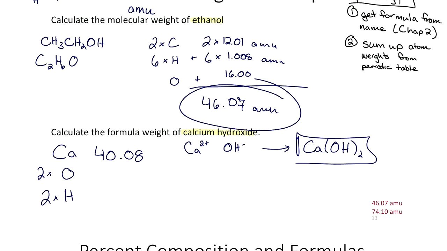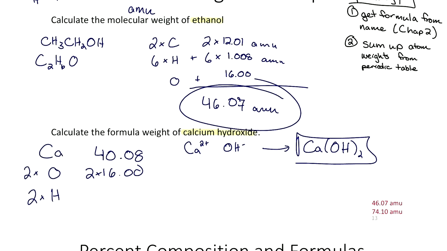Oxygen is 16, but I have 2 of them, so 2 times 16. And then 2 hydrogens is 2 times 1.008. Okay, so how many sig figs will my answer have? 2 decimal places, yes, because we're limited by calcium and oxygen.